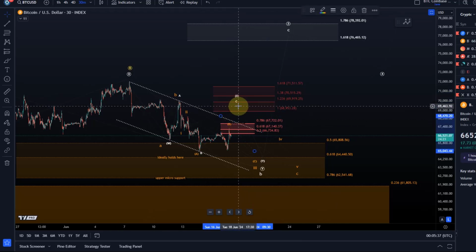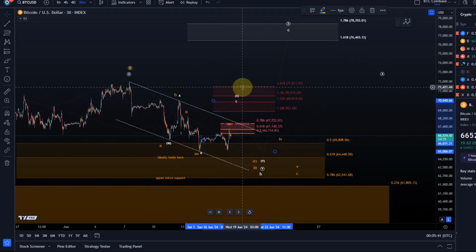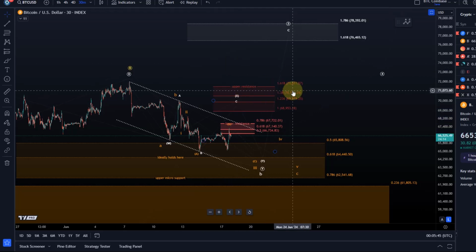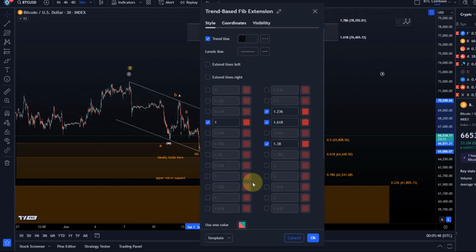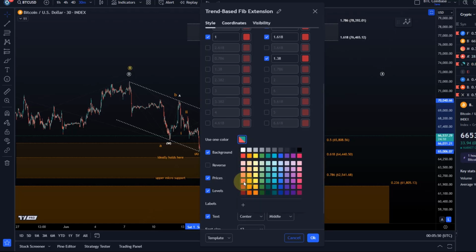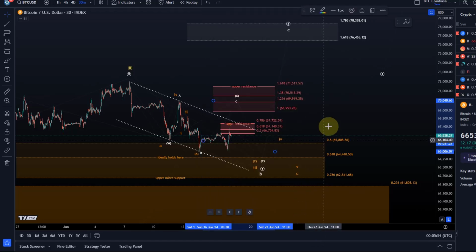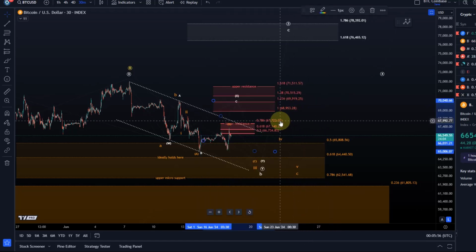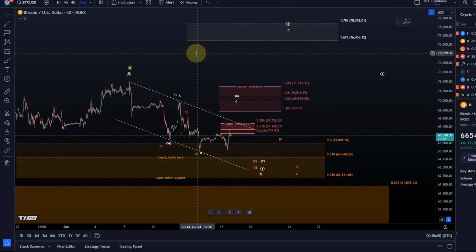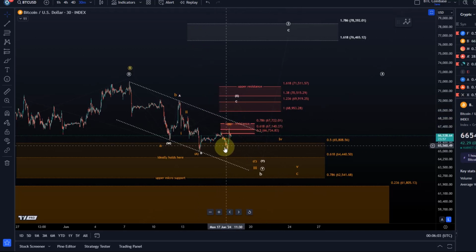Why not call it lower resistance? And upper resistance. And the colors are a bit different. But yeah, these are the relevant resistance areas and parameters that I'm watching. Nothing too reliable here, so don't pay too much attention to the microstructures, but pay attention maybe to the levels. They could be relevant.